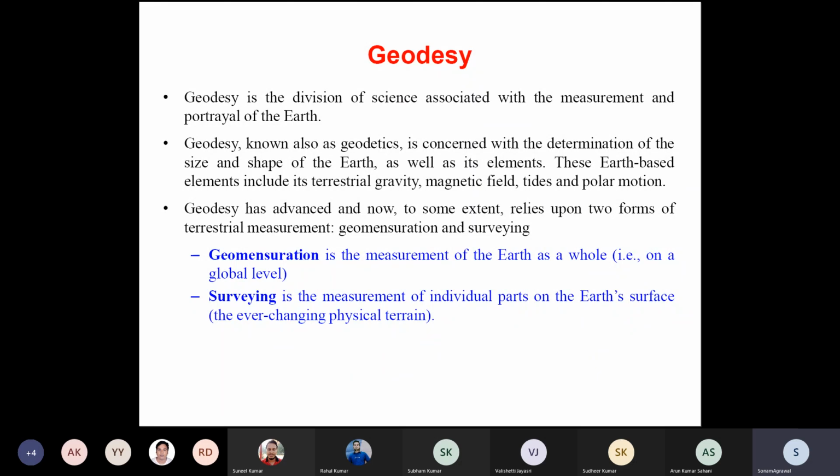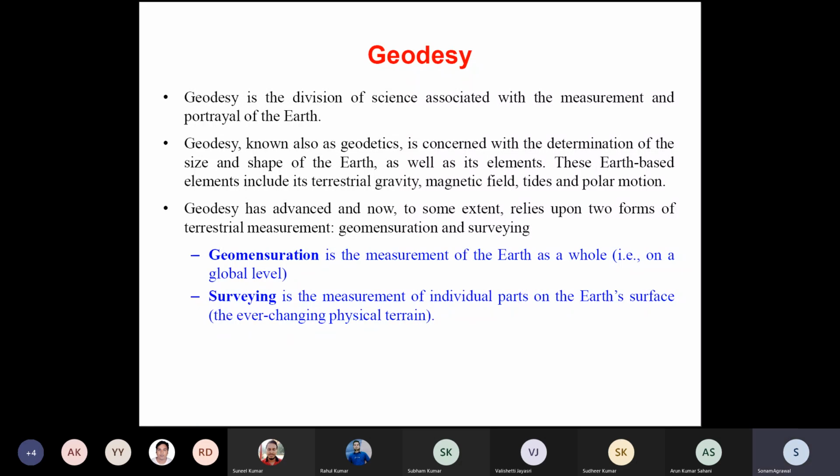Okay. Now, in geodesy we learn about the shape and size of the earth. So the question is, what is the shape and size of the earth? Any thought?